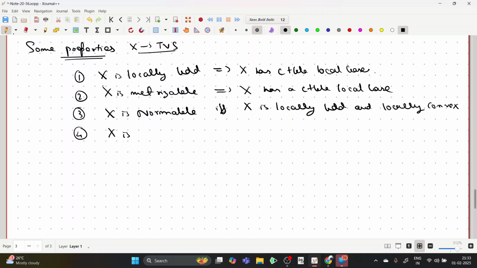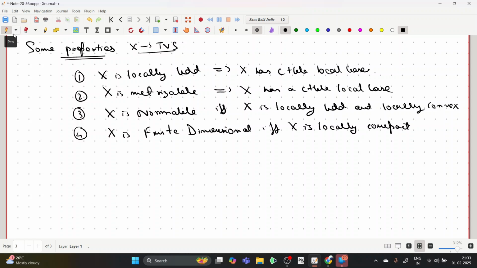Okay, so X is finite dimensional if and only if X is locally compact. So again, recall what it means to be locally compact: a space is said to be locally compact if the origin has a neighborhood whose closure is compact.